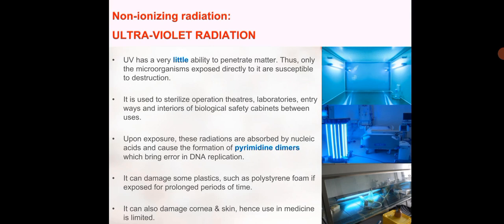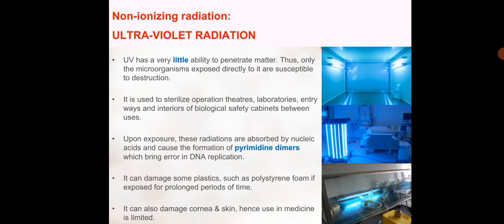Second is ultraviolet radiation. UV light has very little ability to penetrate matter. Thus, only the microorganisms that are exposed directly to it are susceptible to destruction. Hence, it is ineffective in shaded areas including areas under dirt. It is used to sterilize operation theaters, laboratories, entryways, and interiors of biological safety cabinets between uses.